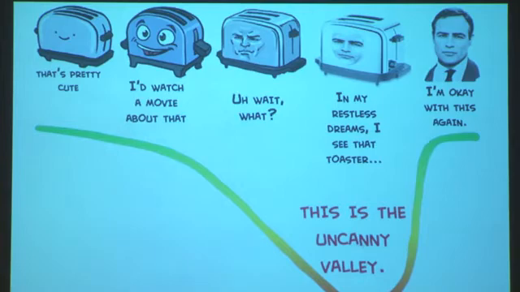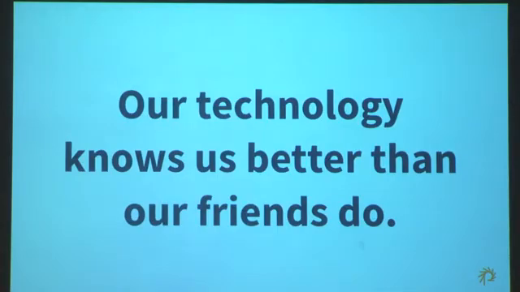This applies to web design in a weird way. If you look at Facebook and Google, they're trying to get to know us on very deep levels. In some ways, our technology knows us better than our friends do, and in some cases, better than we do. There's all sorts of metadata and data mining that these systems can do against us that we don't get to do.